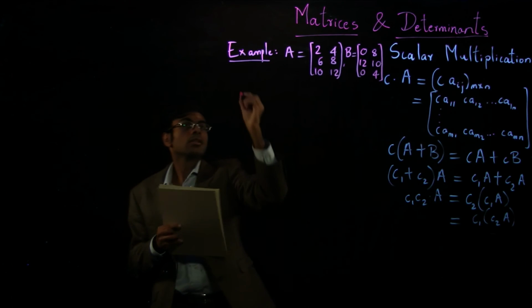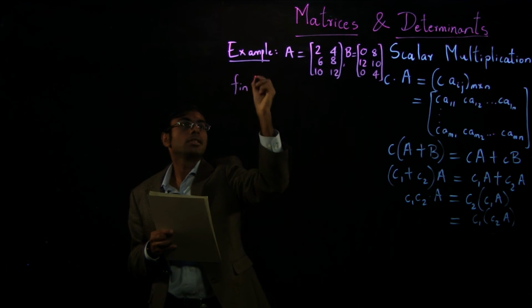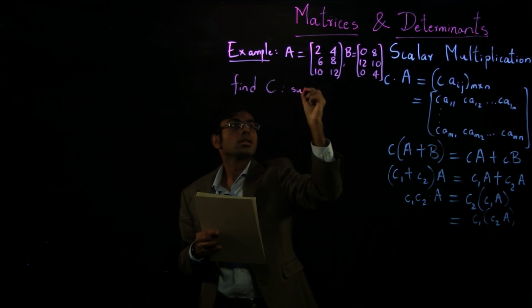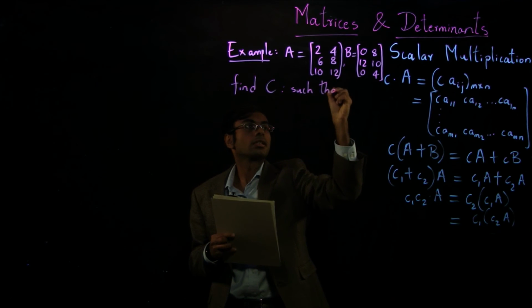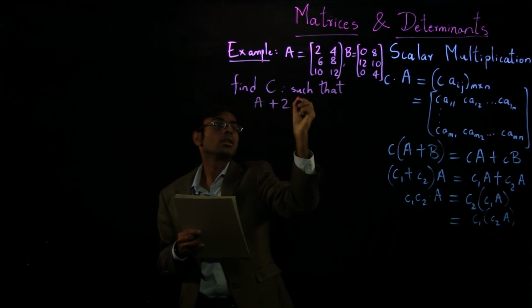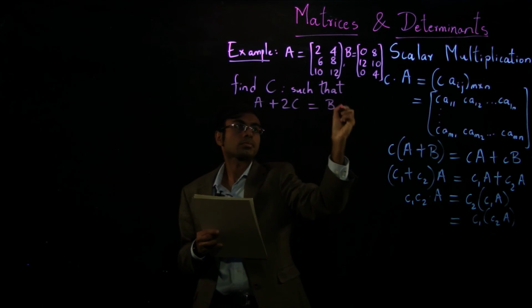And the question is, find a matrix C such that it satisfies this condition: A plus 2C equals B.